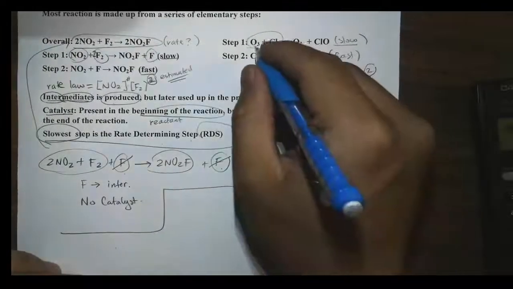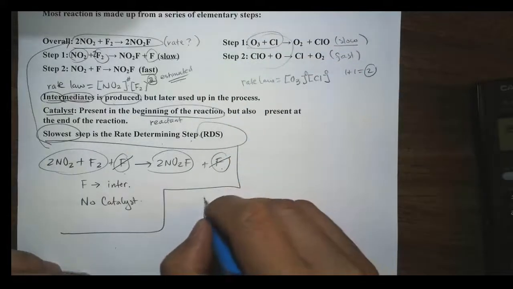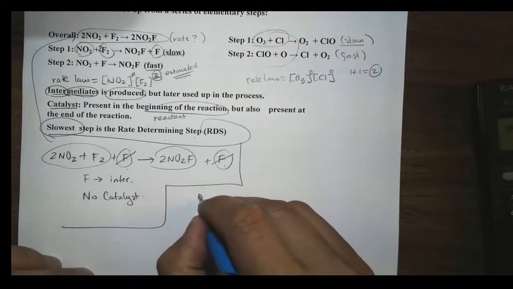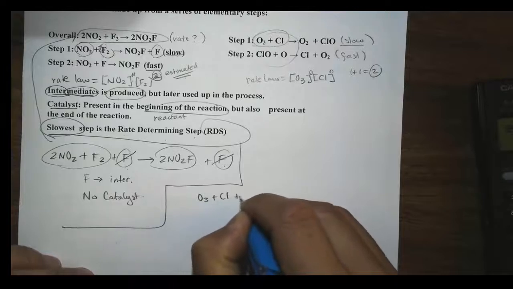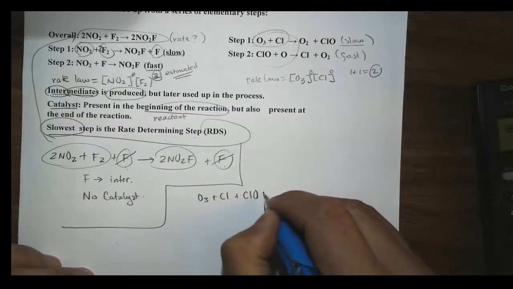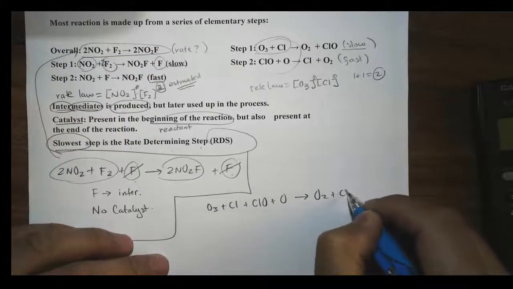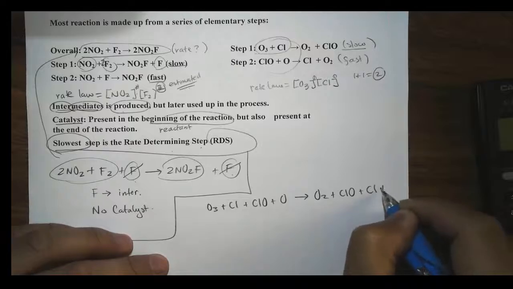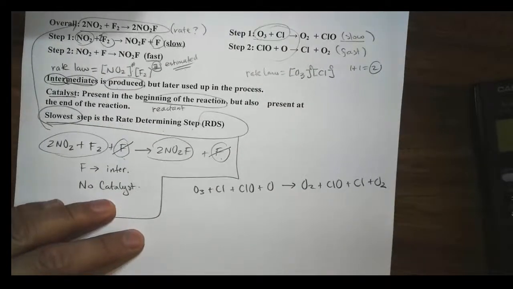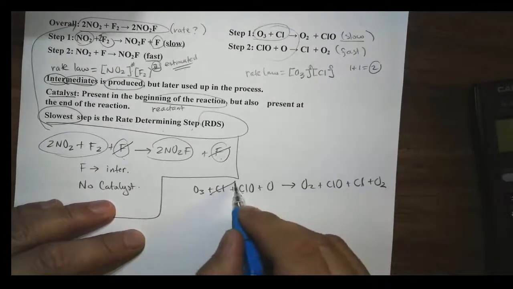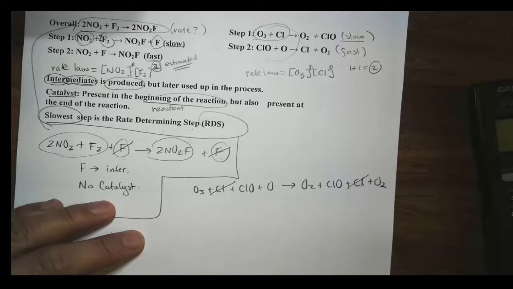We have the reactants over here, which are O3 plus Cl plus ClO plus that. So we have our reactants, then we combine our products. And what do we notice? The Cl on both sides, so we cancel that out.